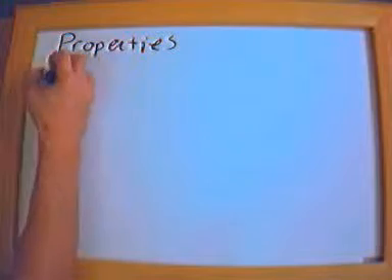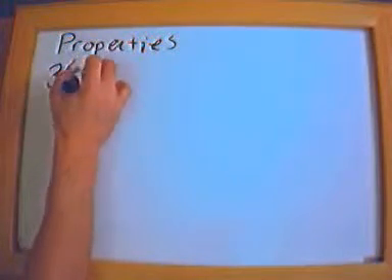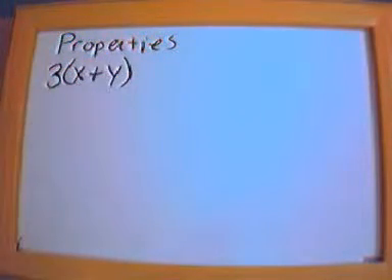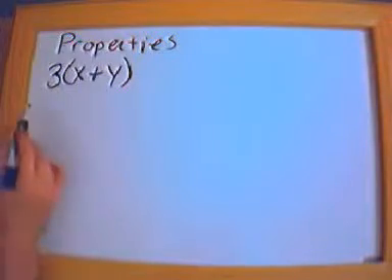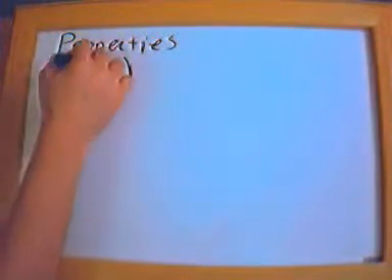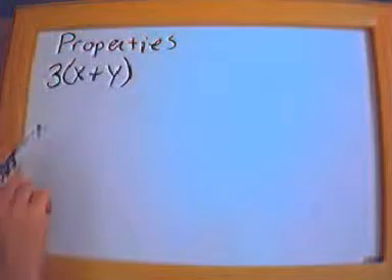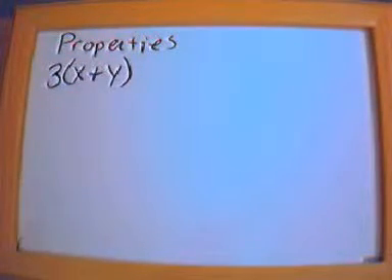Let's say we have 3 times (x plus y). Remember, I said anytime you see a number or a letter or something sitting outside of a parentheses with something going on in here, like an addition or subtraction, you need to start thinking distributive property. So for these problems, I want to expand this using the distributive property.